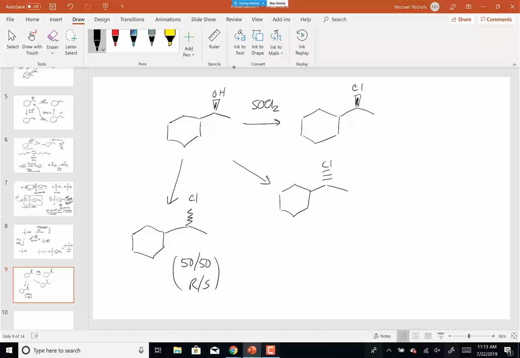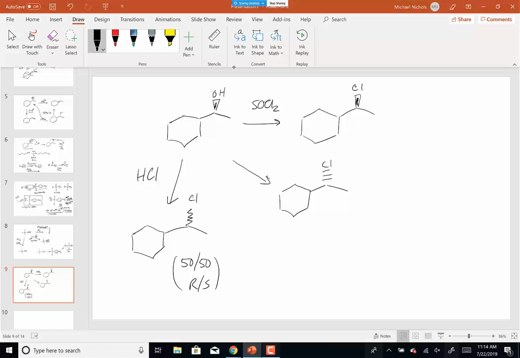We need a carbocation. So how am I going to convert the OH up here into a carbocation? How do I make the OH leave? Just add HCl, because the H plus is going to protonate the OH.